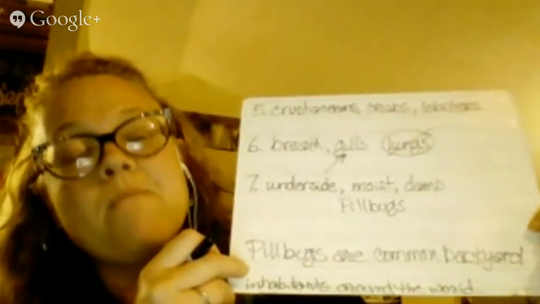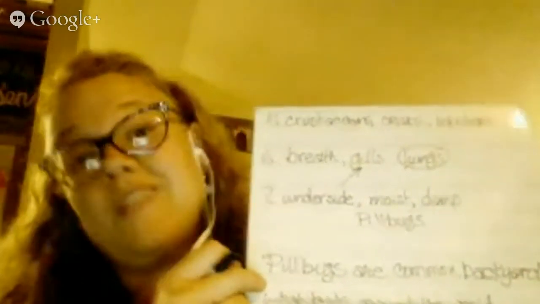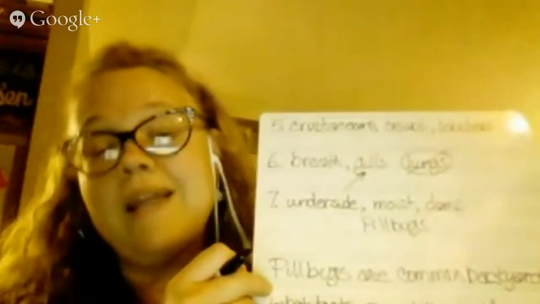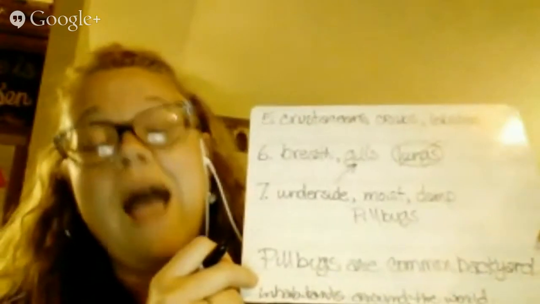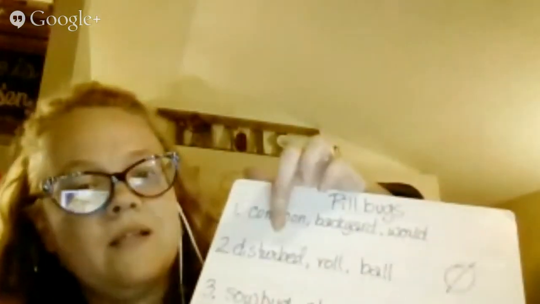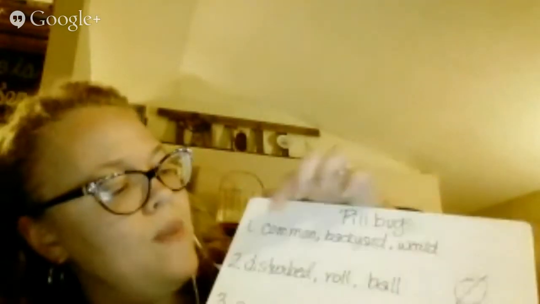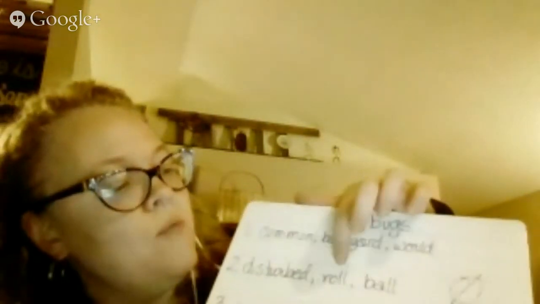Okay. The next sentences I'm going to go ahead and just say out loud so you get an idea of how it works. But I'm not going to be writing them down because obviously I've run out of room. Okay? So for sentence number 2, my keyword outline says disturbed roll ball. Okay, so when the pill bugs are disturbed, they roll up into a ball.